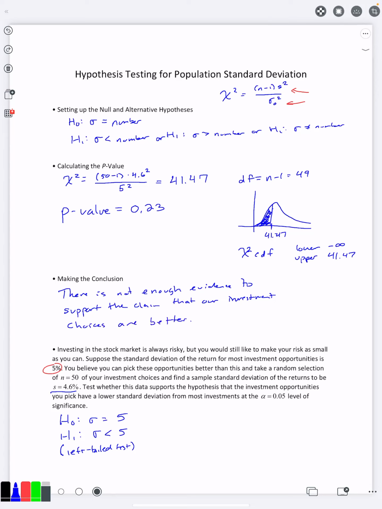So this sample was not good enough to say that we are experts at investing our money. Maybe we really are. Maybe this sample is better, but we just didn't have the data here. It wasn't enough information to do that. So as far as we know now, we really aren't any better at picking stocks than the general market is.